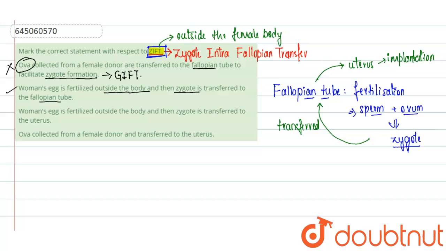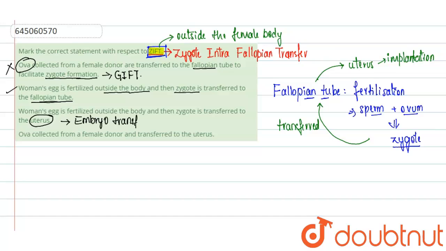So the third option is woman's egg is fertilized outside the body and then zygote is transferred to the uterus. So we know that here the zygote will not be transferred to the uterus but will be transferred to the fallopian tube. Where the pre-embryonic stages are transferred to the uterus, that is known as embryo transfer technique.